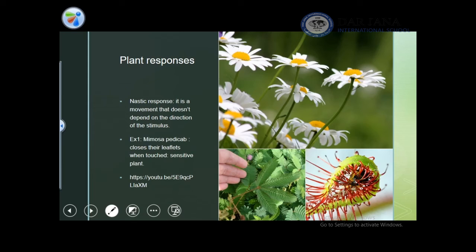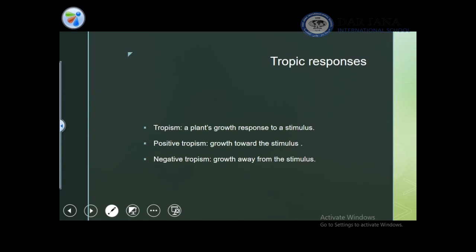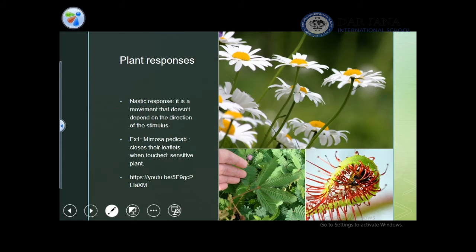And we have the second type, which is the tropism, which depends on the stimulus. So the plant in tropism will move toward the stimulus or away from the stimulus. Let's talk about the first type, which is the nastic response. For the nastic response, you know an example is the Mimosa pudica plant, or we have the Venus flytrap.